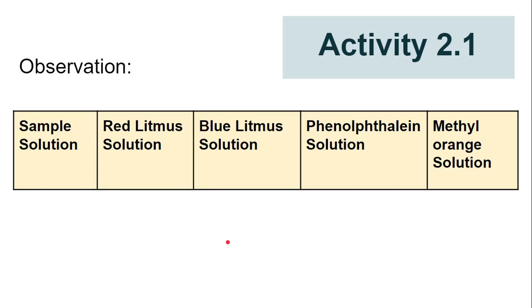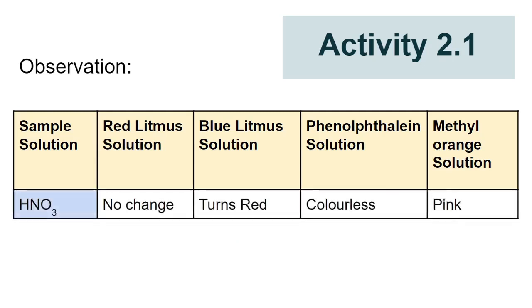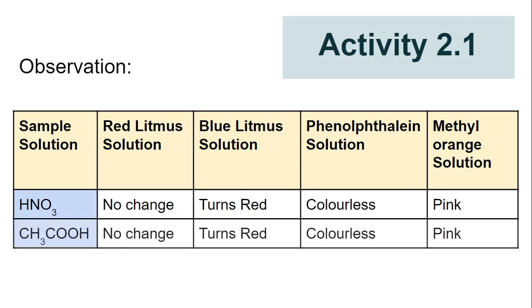Next, we'll take nitric acid, HNO3. The results are the same as hydrochloric acid and sulfuric acid because it is also an acid. Next, we have taken CH3COOH, the acetic acid. The results are also the same as nitric acid, sulfuric acid and hydrochloric acid because it is an acid.